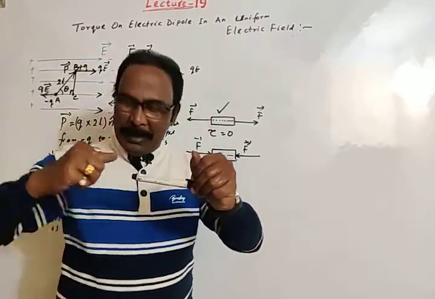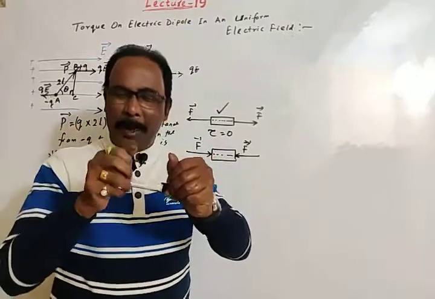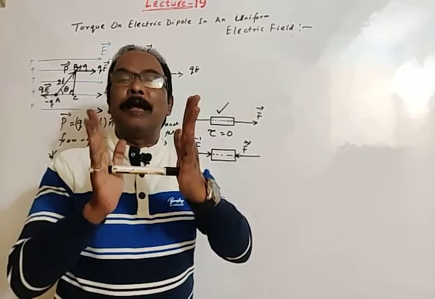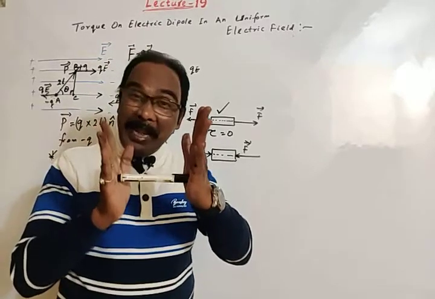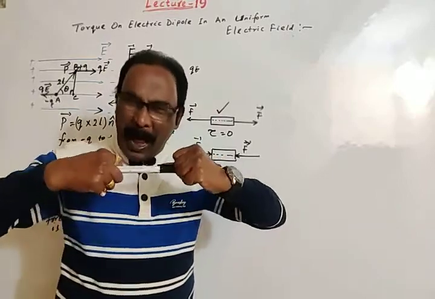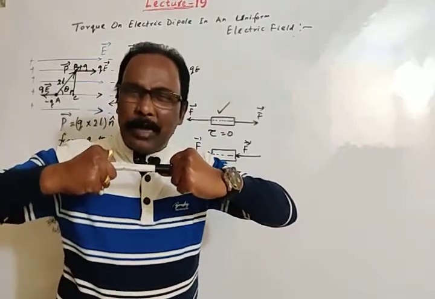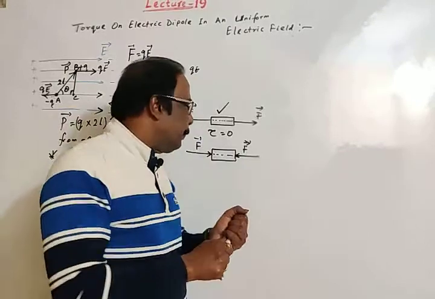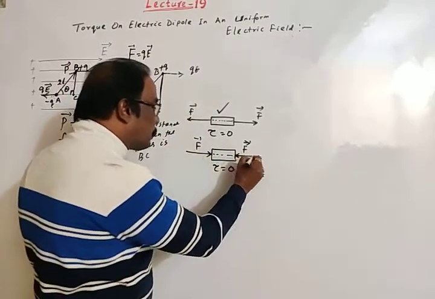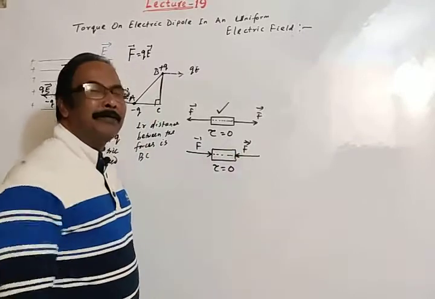I am pushing the body towards left, I am pushing the body towards right, but still the body is in linear equilibrium, means resultant force is 0, as well as resultant torque is also 0, because here also the two forces have the same line of action.